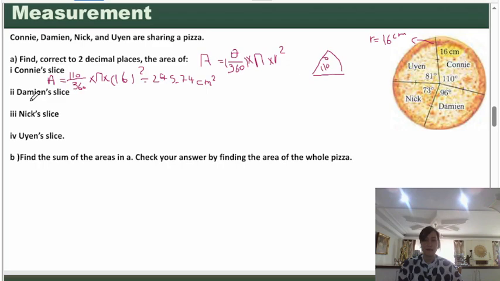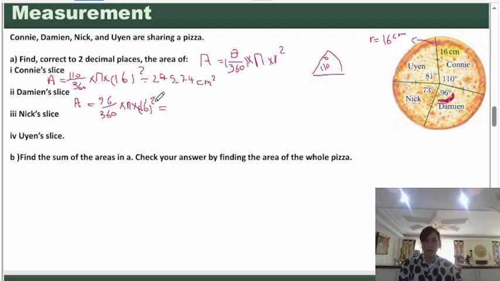For Damien, here the angle is 96, so the area would be 96 over 360 times pi times 16 squared.